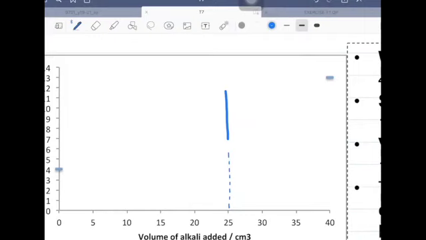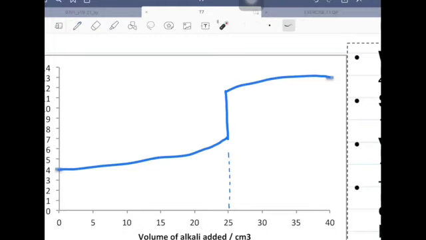Right, so you start here and then you connect it at the start of the vertical region and then like that. Same thing is happening here. Initially, your pH is slowly increasing until you are near the endpoint or the equivalence point, because that's where neutralization happens.